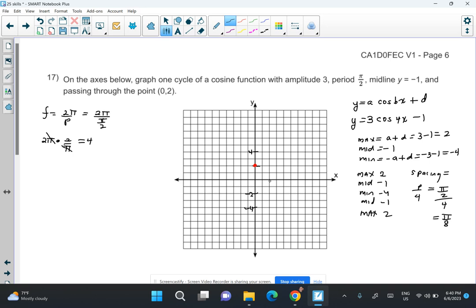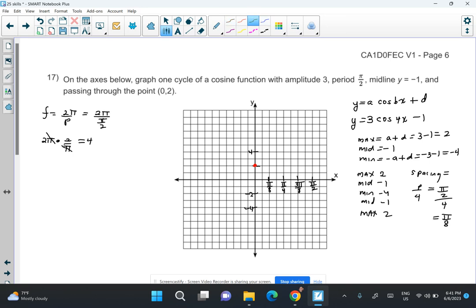So we're going to count by pi over 8. And since we only have to graph one cycle, I can spread this out a bit and have every 2 boxes equal a critical point. So pi over 8, 2 pi over 8 reduces to pi over 4, 3 pi over 8, and 4 pi over 8 reduces to pi over 2. So we're only going to have to graph one cycle.